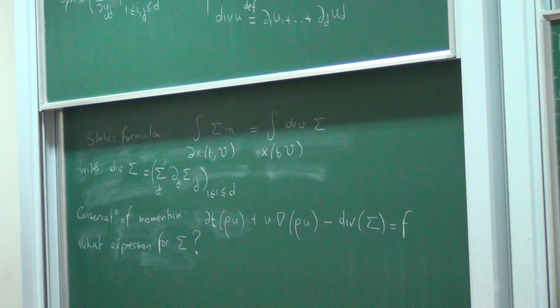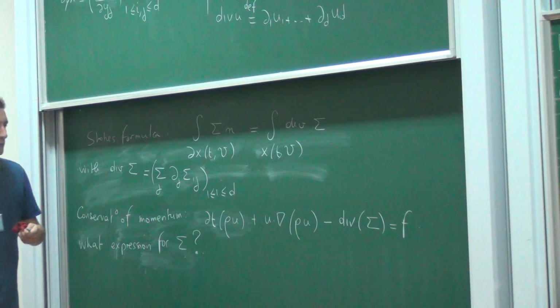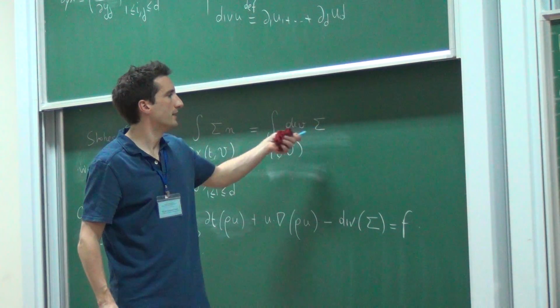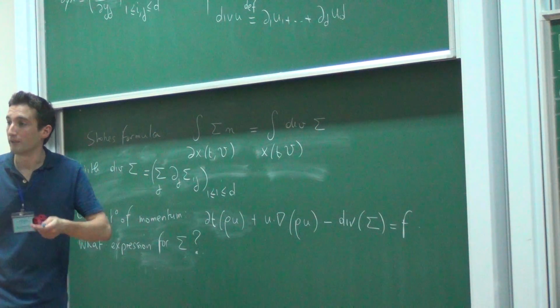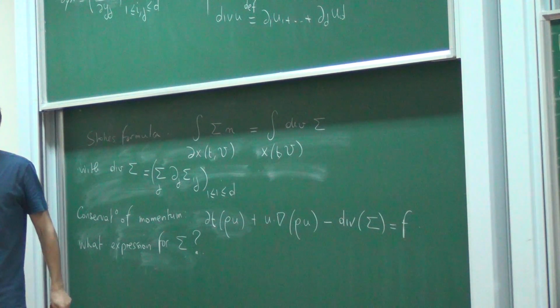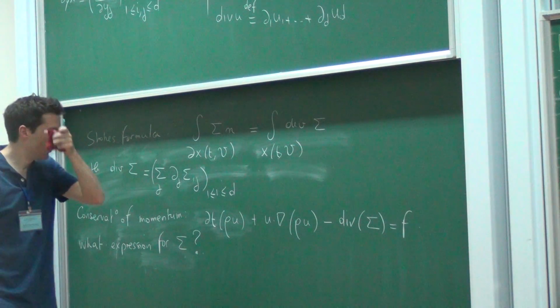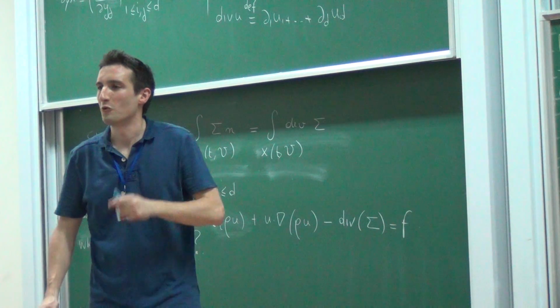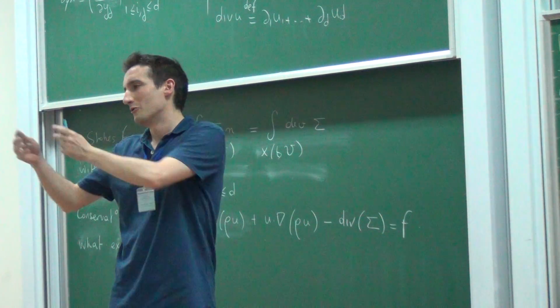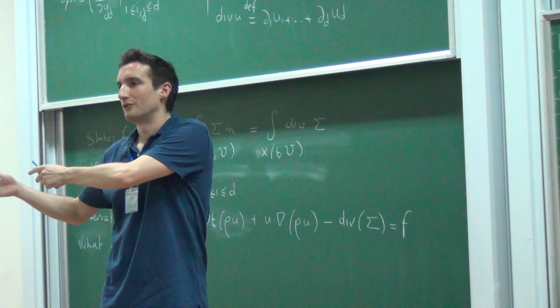We are still trying to derive some kind of model. We express conservation laws, but at this point we need to specify the kind of forcing that is exerted inside the fluid. So you have two different kinds of models. One will give the Euler equation, the other one will give the Navier-Stokes equation.